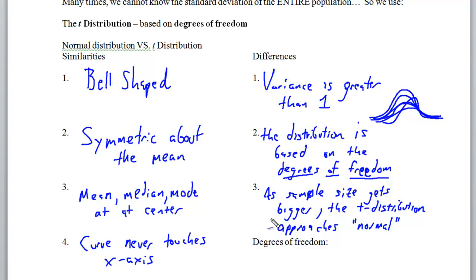Now the degrees of freedom. This whole t-distribution is based on degrees of freedom. It's the second difference in our differences list, up here at the top. So what are degrees of freedom? It's the number of values that are free to vary after a sample statistic is computed.